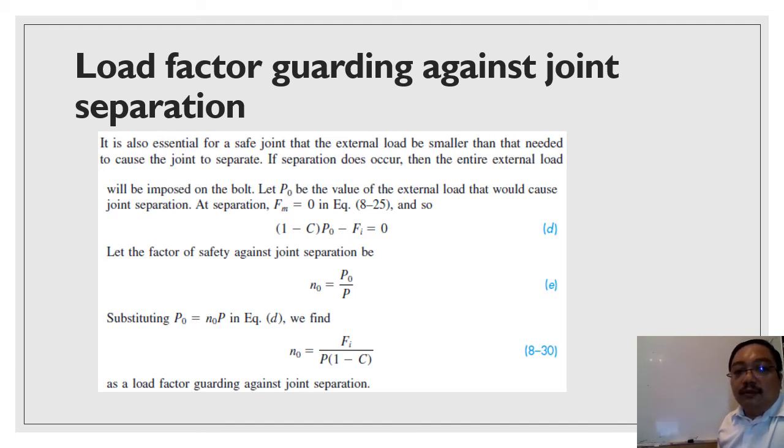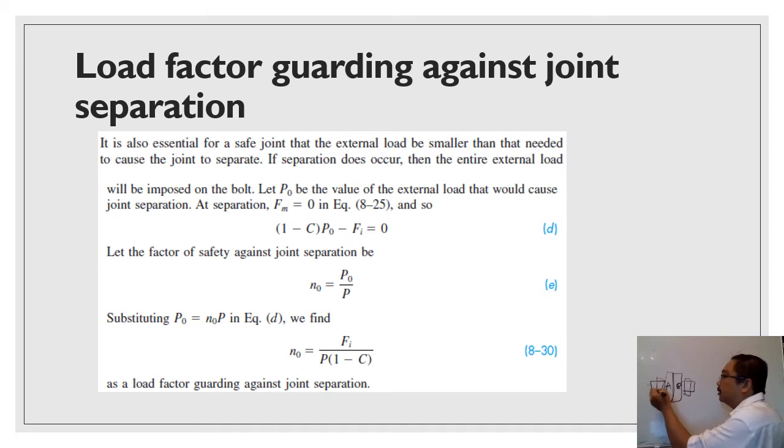Now in this slide we are talking about load factor guarding against joint separation. The purpose of a screw and bolt is to join material A and B by a bolt.